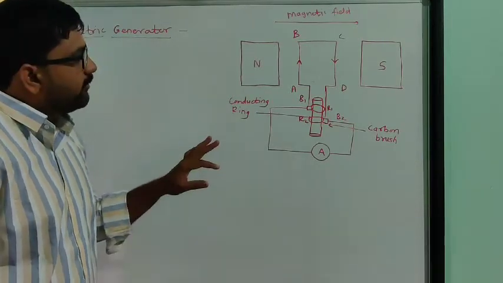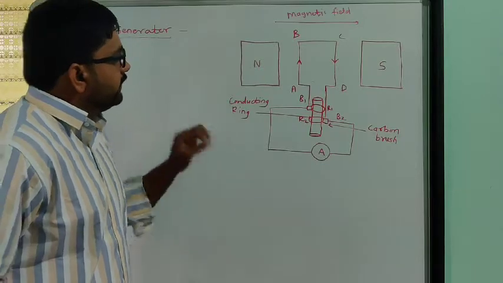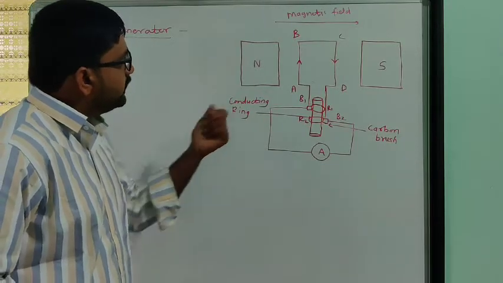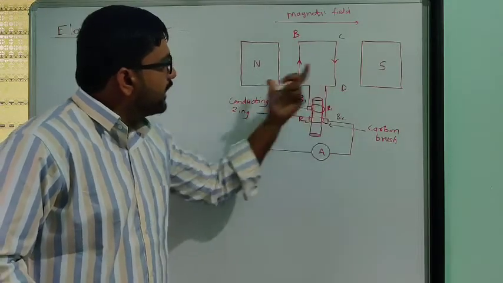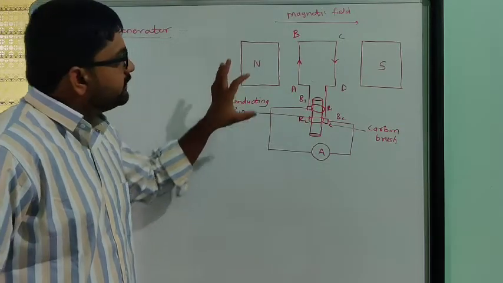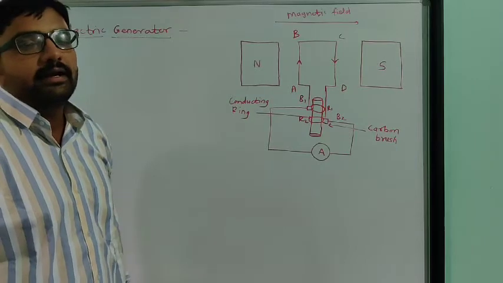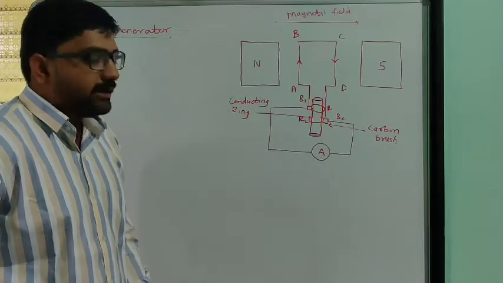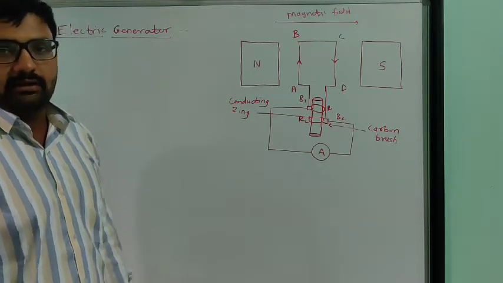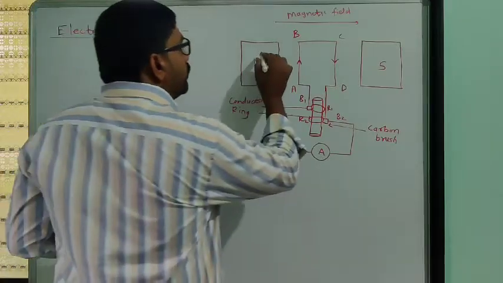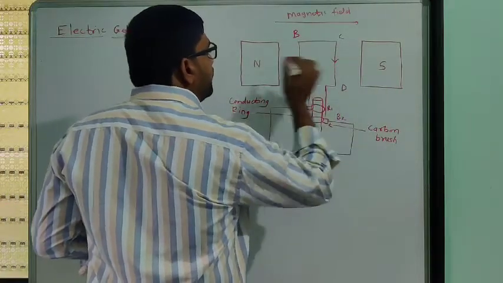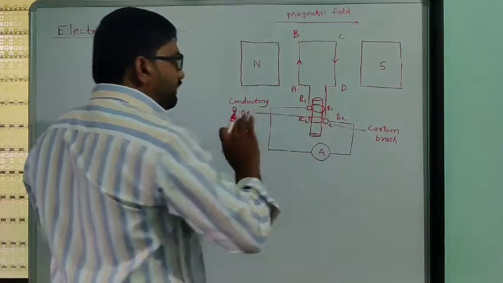If we see the diagram of the electric generator, one magnet is present. This is the north pole of the magnet and this is the south pole. If the magnet is there, the magnetic field is also present, with field lines from north to south, which we cannot show here.